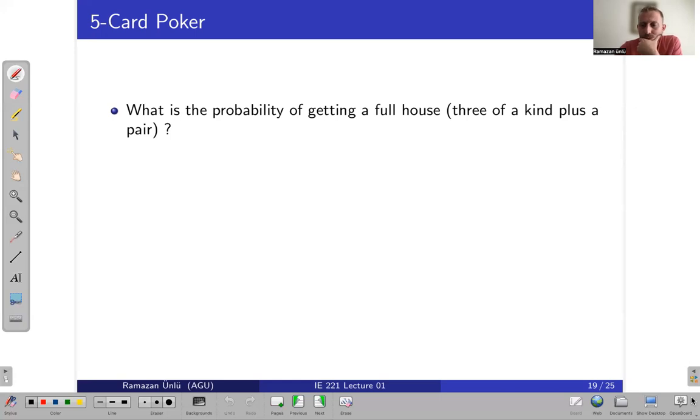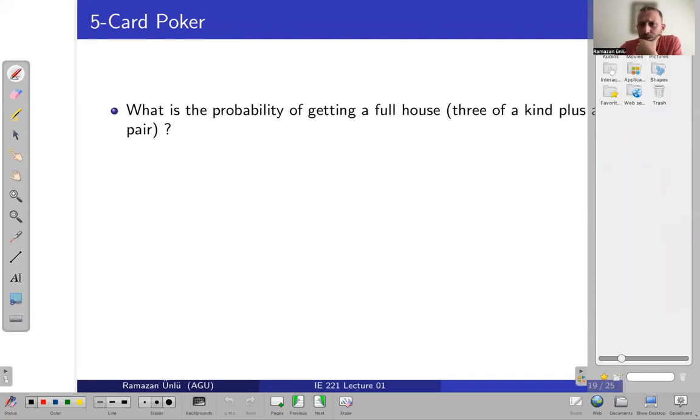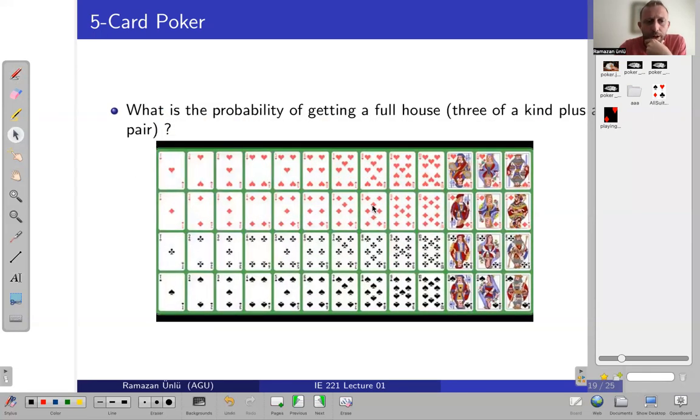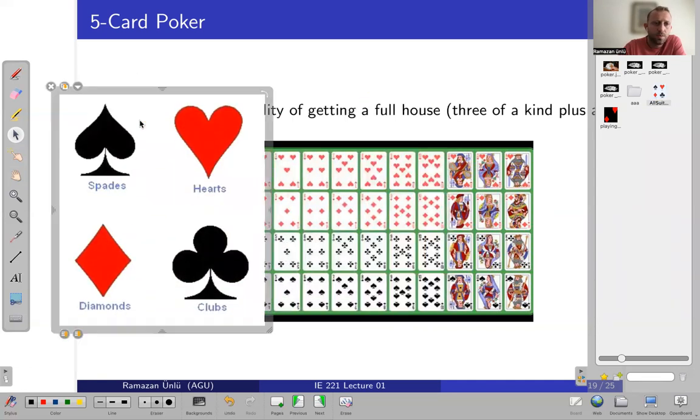Let me show you the cards. Okay, so these are all the cards.